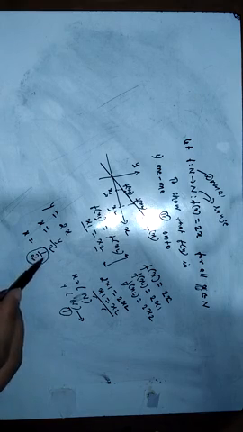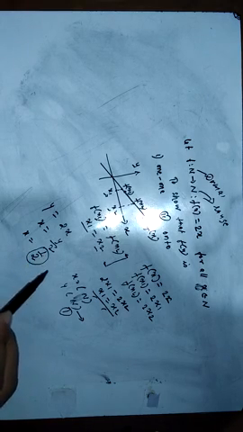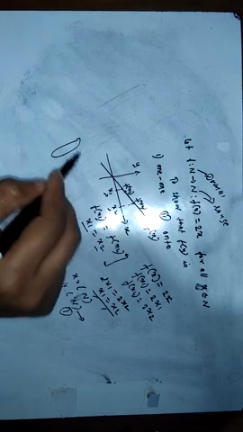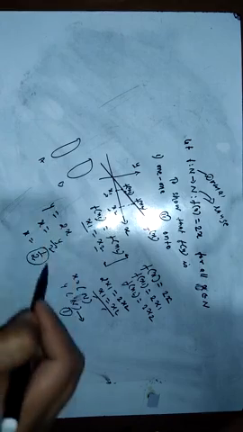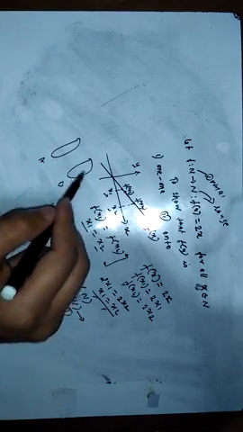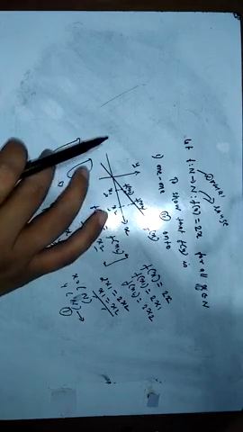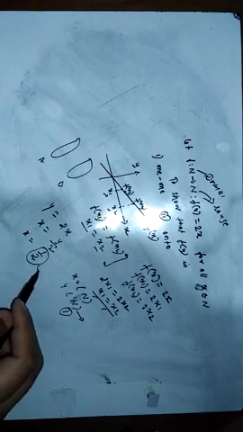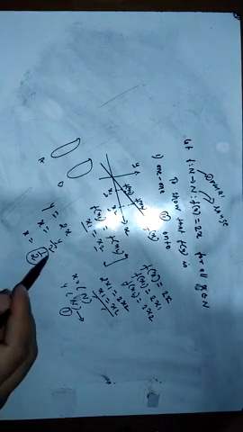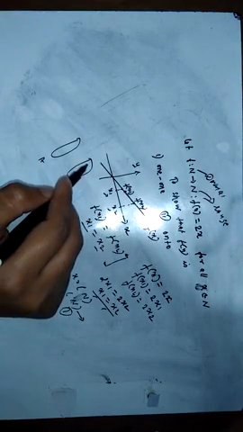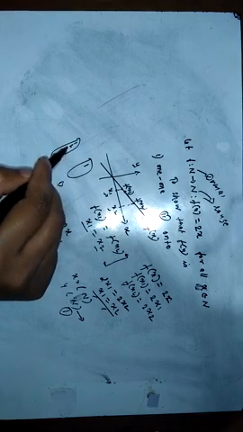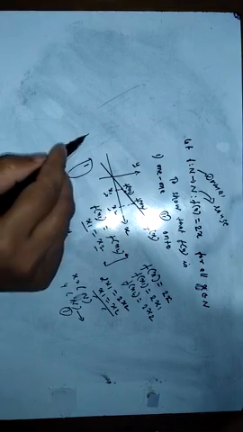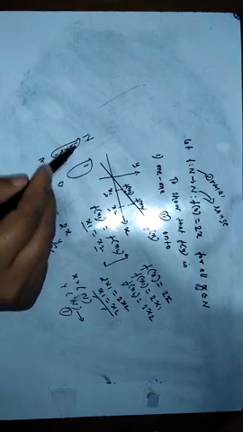For onto functions, we have already discussed sets A and B. Each element of set B must be connected with at least one element of set A. But here we get 1 by 2 when y is 1, and in set A, 1, 2, 3, 4, 5, the natural numbers, 1 by 2 doesn't exist.